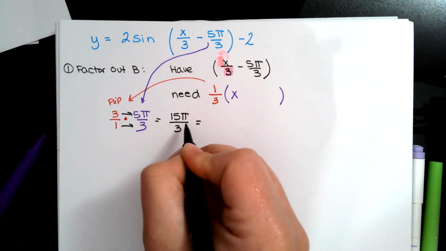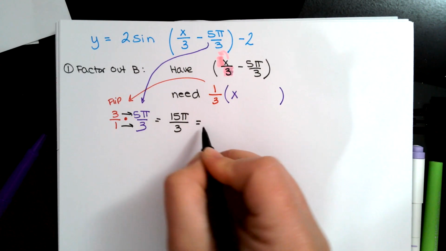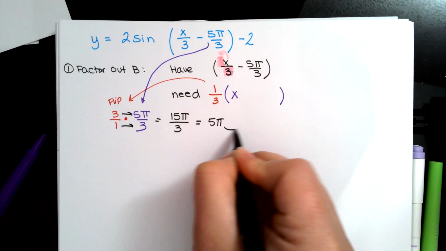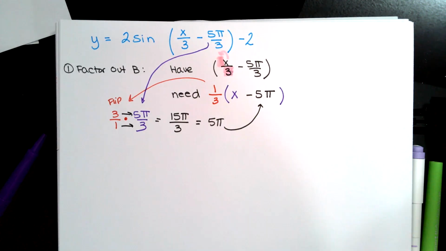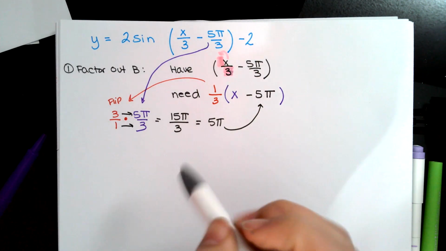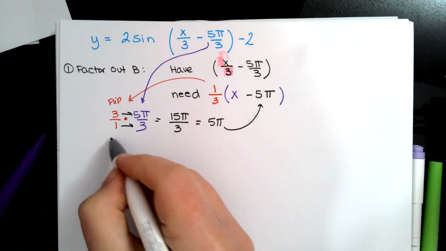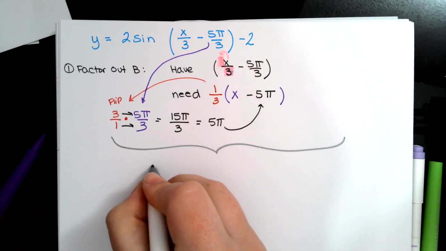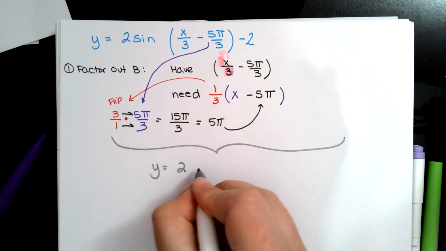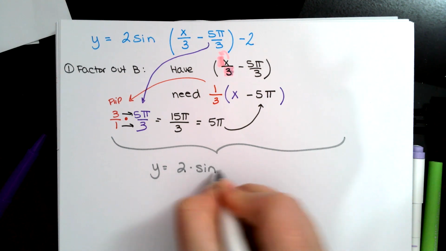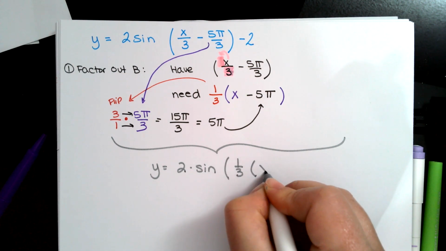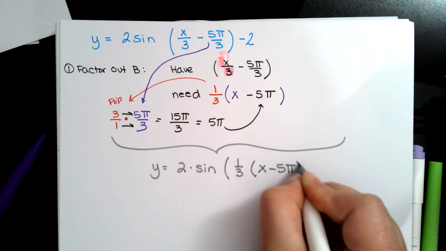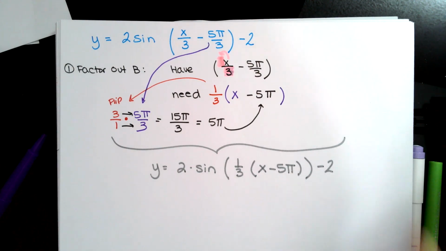Simplify. 15 divided by 3 is 5. So we get 5 pi. That goes here. Make sure at this point that you are rewriting your equation before you do any more identifying. We get y is equal to 2 times sine of 1/3 of x minus 5 pi, close it, minus 2.